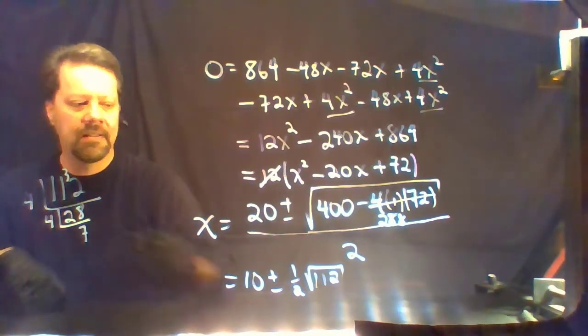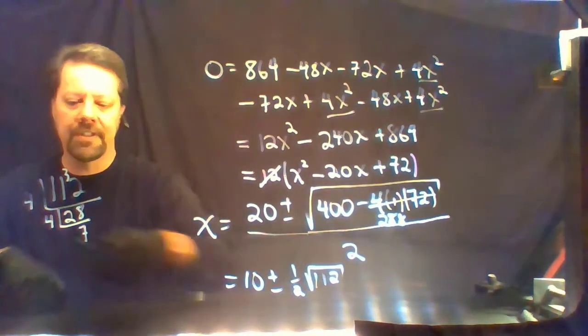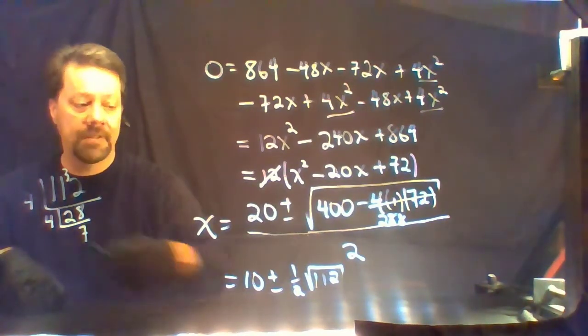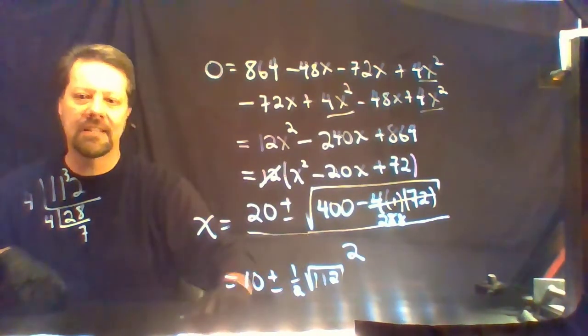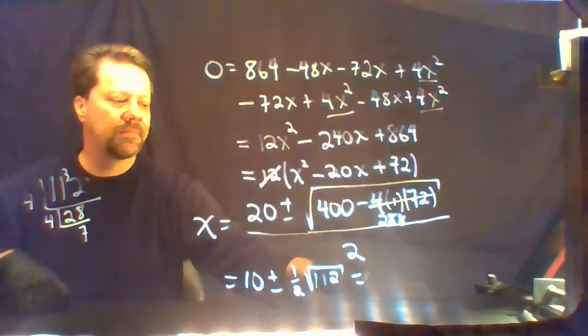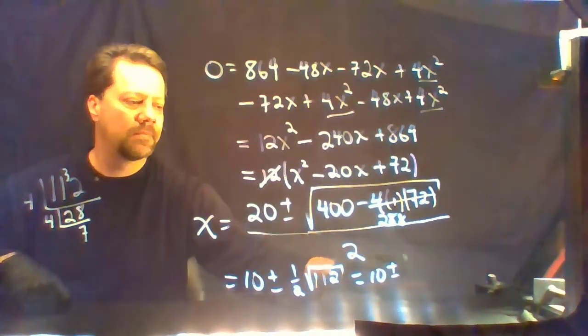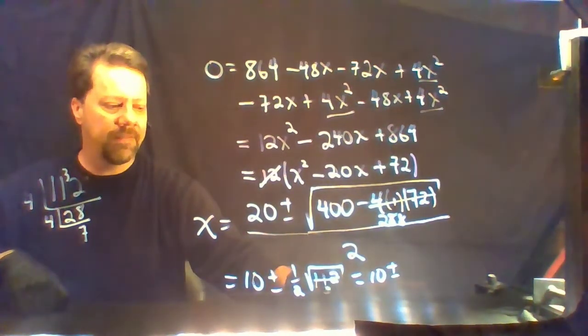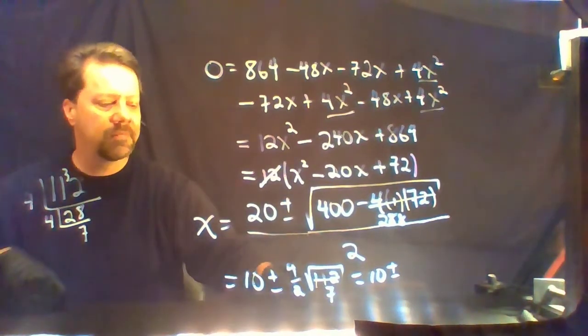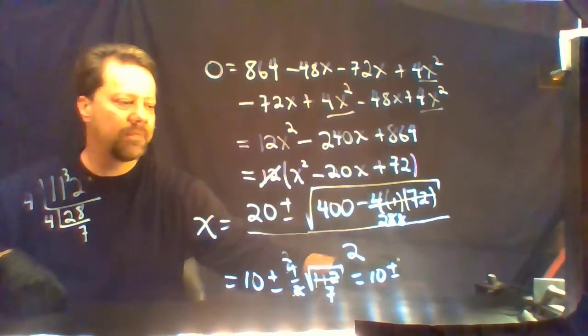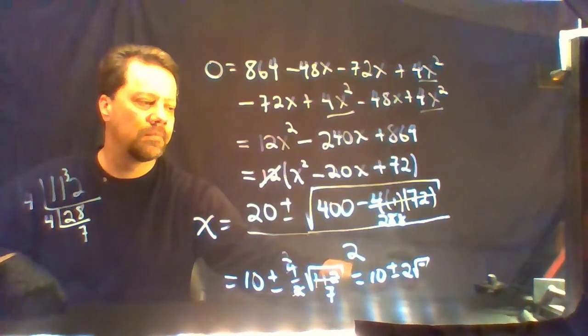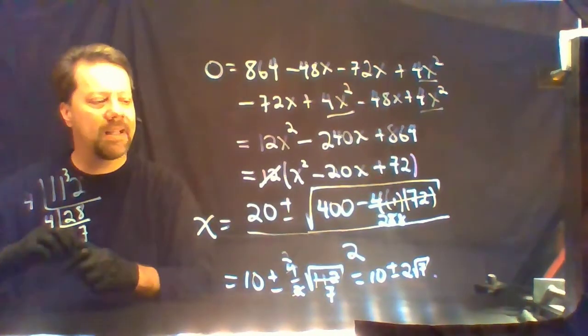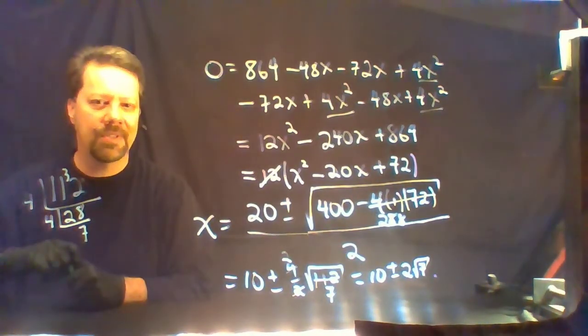So it looks like 112 is 4 times 4 times 7. So it's 4 squared times 7. We can bring the 4 out. Leave the 7 and bring the 4 out. This leaves a 2 out here. So we get 10 plus or minus 2 root 7.